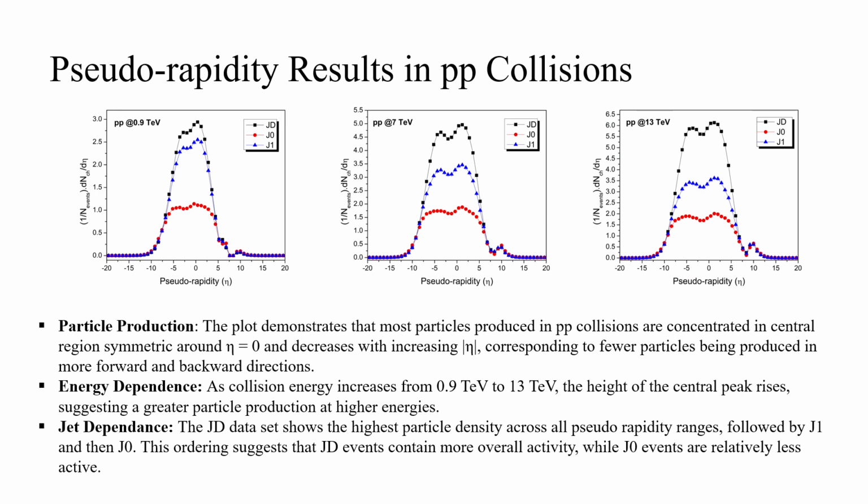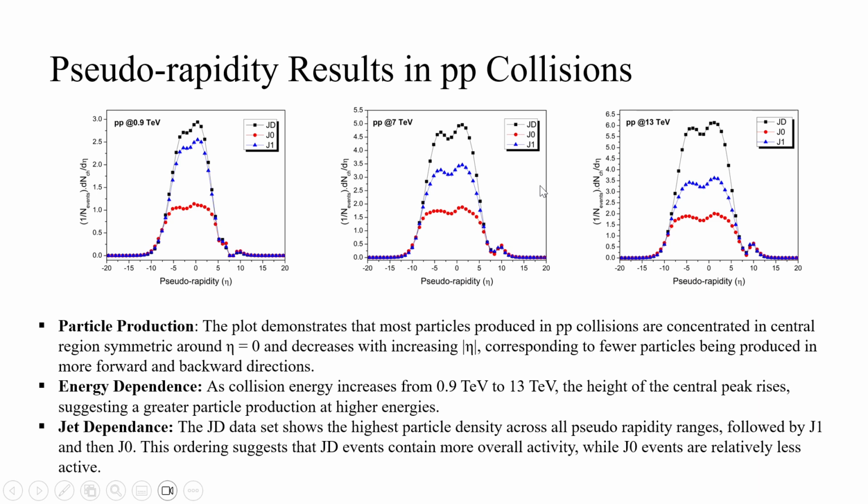Similarly, we are using the same energies: the lowest energy of pp, which is 0.9 TeV, the middle energy, which is 7 TeV, and the max energy yet achieved in proton-proton collision, 13 TeV. Okay, so we are checking the pseudo-rapidity results.